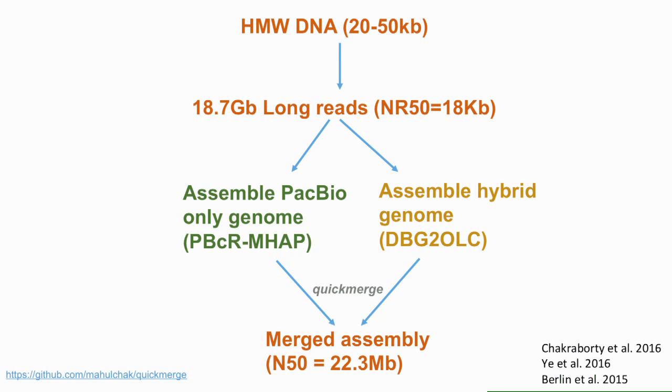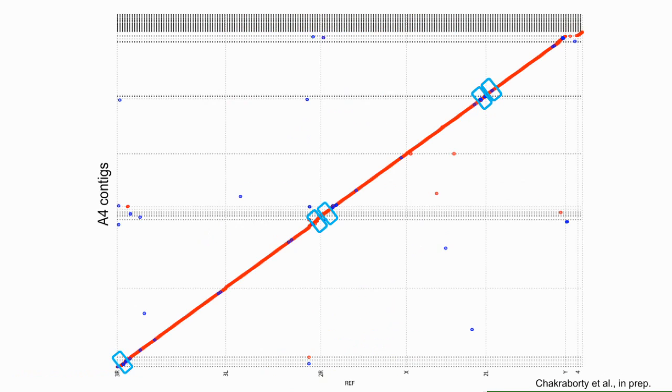So how does this amazing assembly look in comparison to Release 6? What I'm showing you here is a dot plot between the Release 6 genome and the A4 genome. The Release 6 genome is on the x-axis. You can see all the major chromosome arms, 3L, 3R, 2R, X, and 2L. I apologize for not orienting it based on their order.